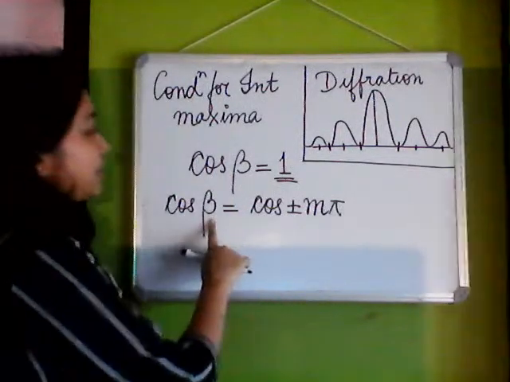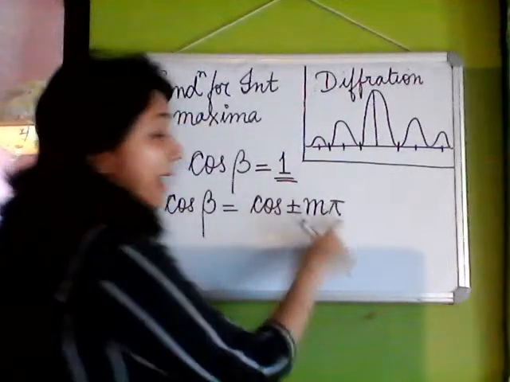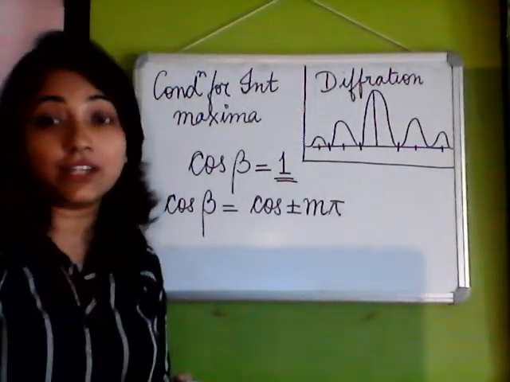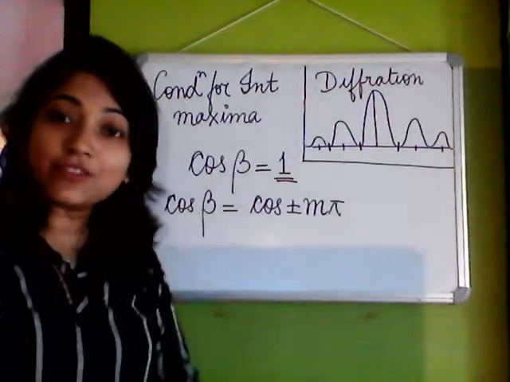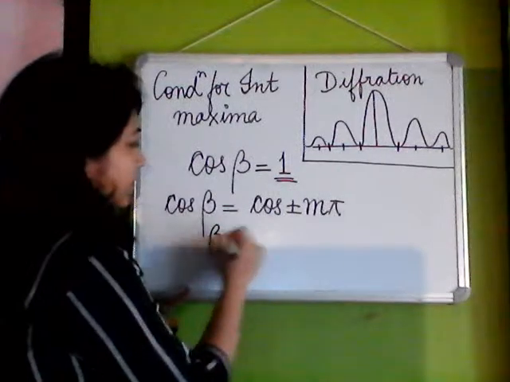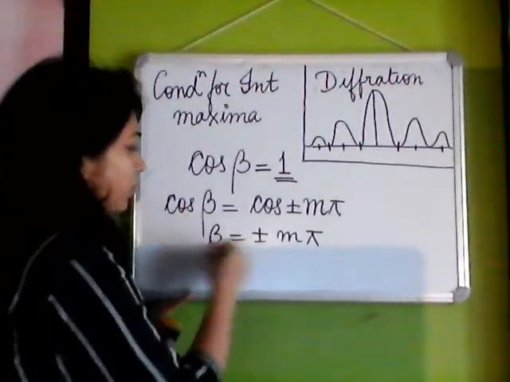So, when this beta takes up any value of plus minus n pi, I am going to get the condition for interference maximum. Right? If you put the value of beta equal to plus minus n pi, and who was beta?